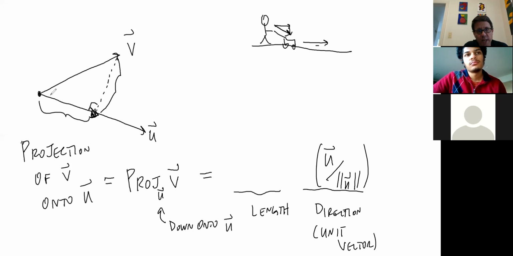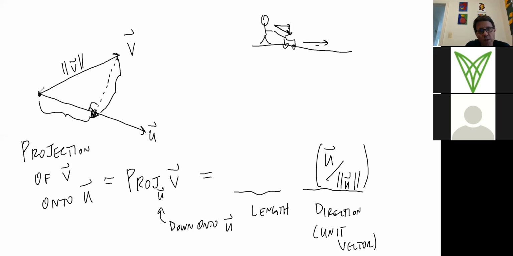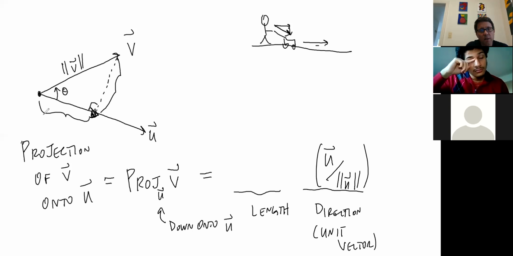Now, what's the length of this vector here? Well, this length is the length of V because that is the vector V. So if I wanted to figure out the length of the bottom, and I knew the angle here, then what is the length of the bottom part? Well, you just go back to a basic triangle and you realize this is the cosine of the angle.